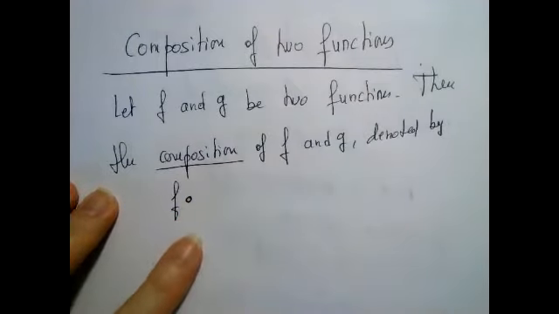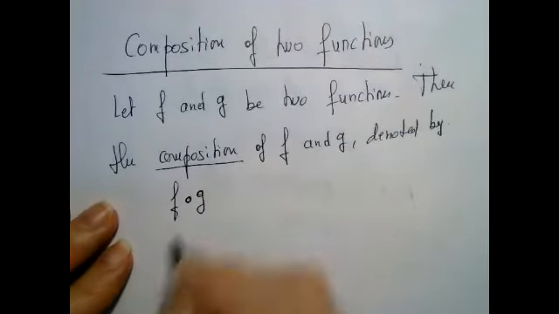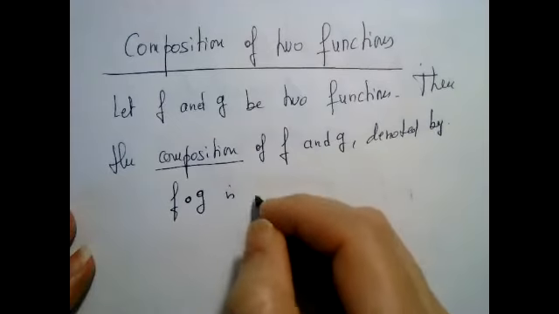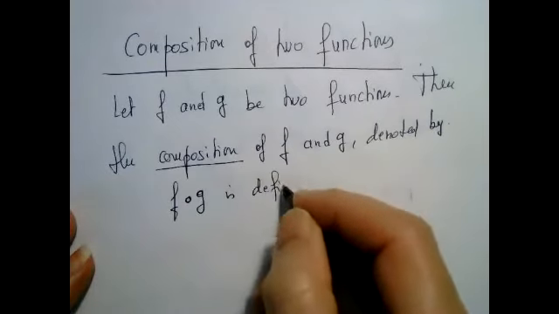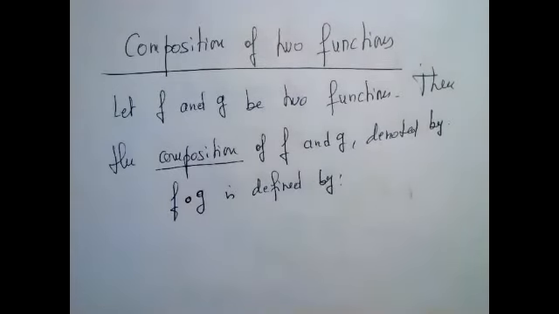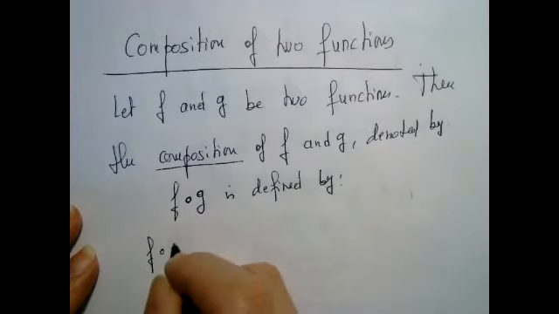You guys see the circle? f composed with g. So this is a circle. That's not a multiplication. It's defined by. So we're defining a new function, because that's what the whole thing today is about, new functions, defined by. What do we mean by f composed with g?